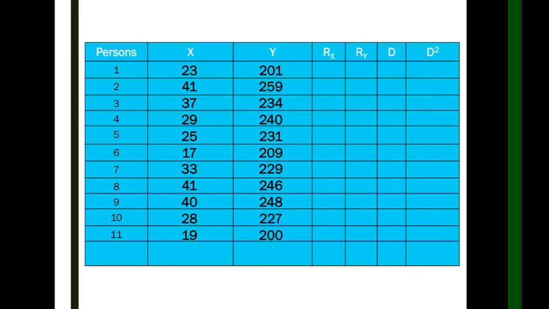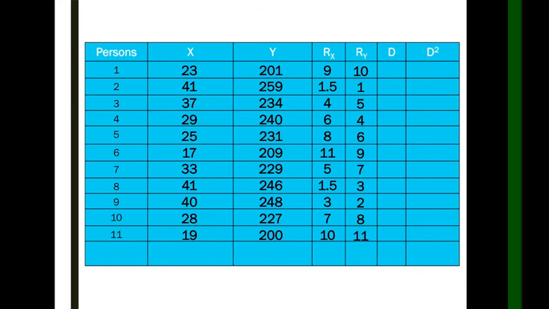Next, we will rank the x first. So we have 23 as rank 9, then 1.5, 4, 6, 8, 11, 5, 1.5, 3, 7, and 10. For the rank y, we have 10, 1, 5, 4, 6, 9, 7, 3, 2, 8, and 11.